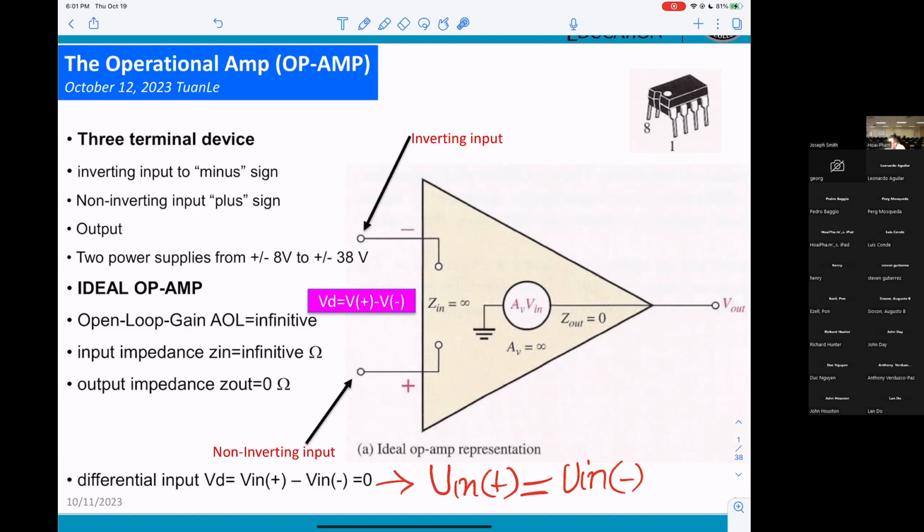Ideal op-amp: open loop gain, AOL, they want that to be infinity. Input impedance, they want to be infinity ohm. And output impedance, they want to be 0 ohm.